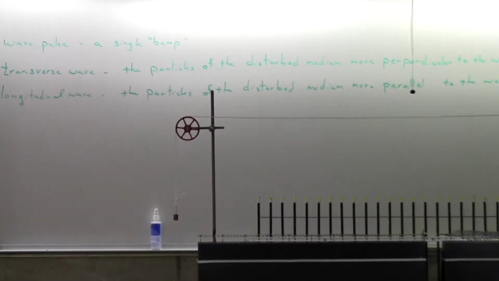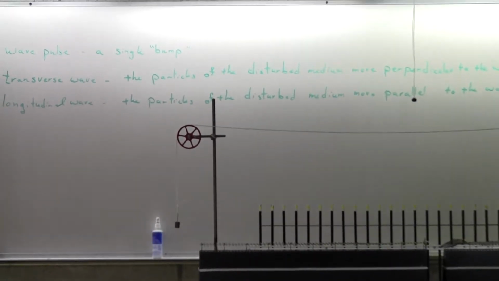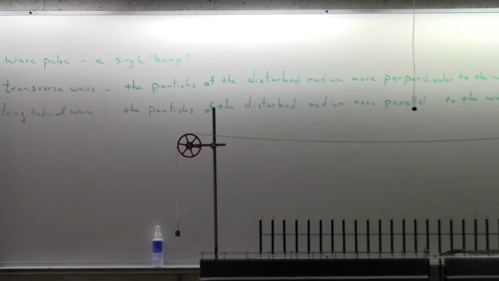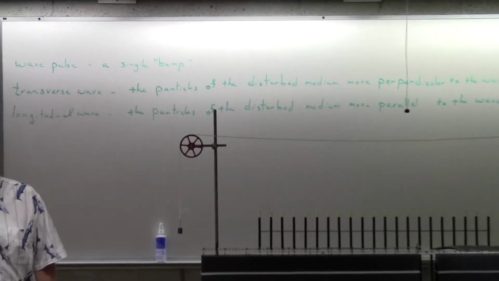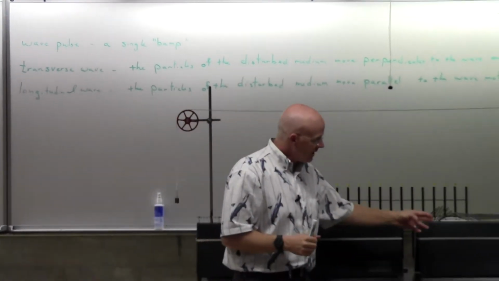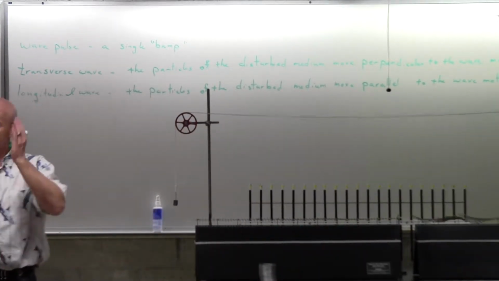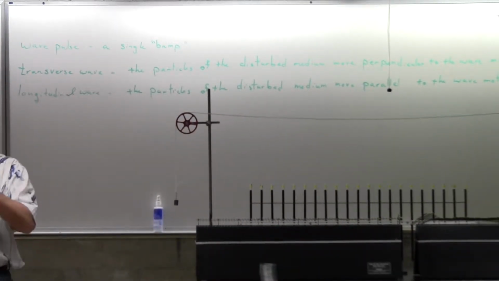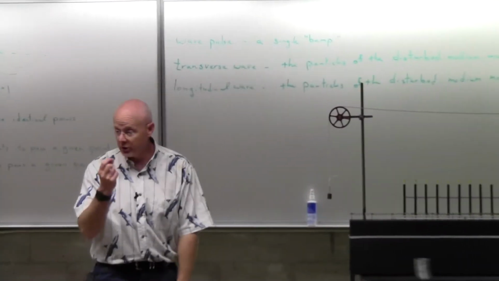Well, what's the wave motion? Well, the wave motion is the direction the energy goes. So again, looking at this, which way would you say the energy moves? Okay, horizontal, left to right. Which way are the rods vibrating? Up and down. And so this is a good example of transverse waves. The oscillations, up, down, are perpendicular to the flow of the energy, the motion of the wave.